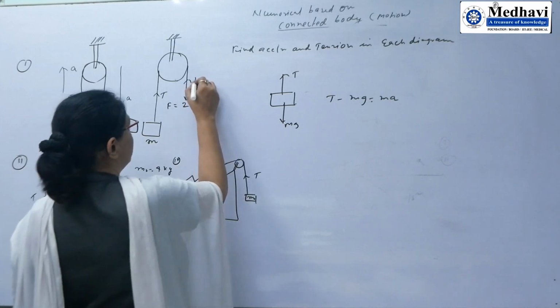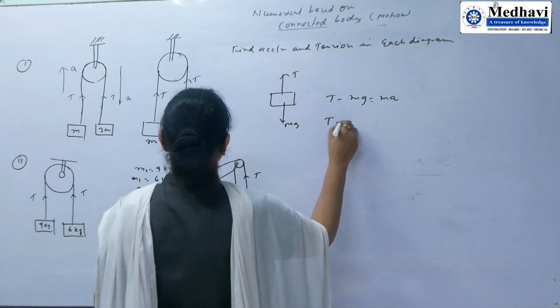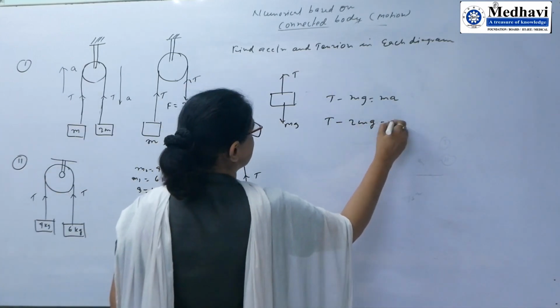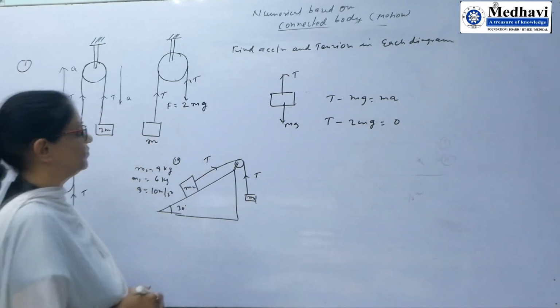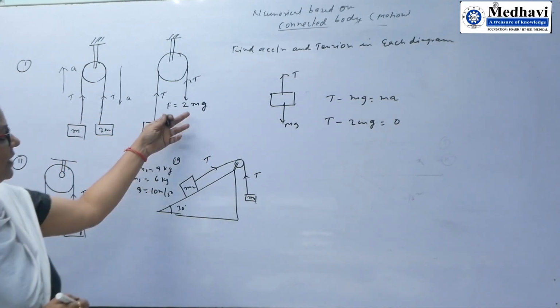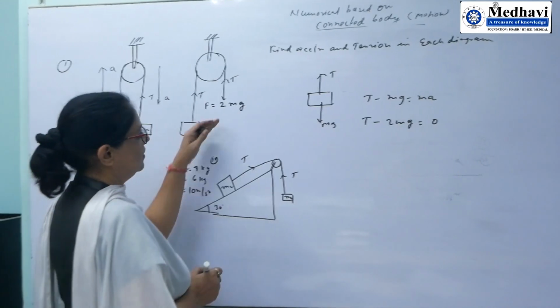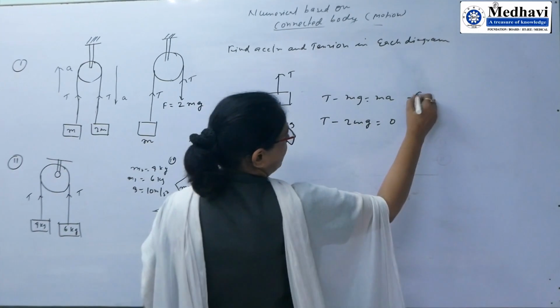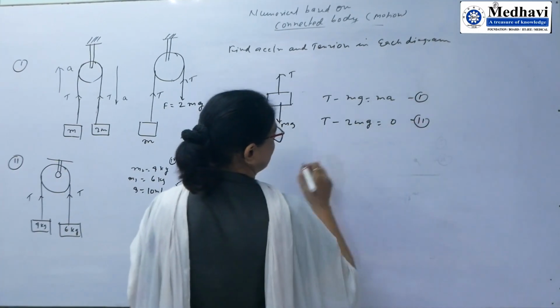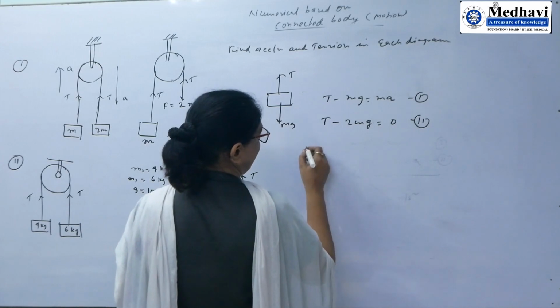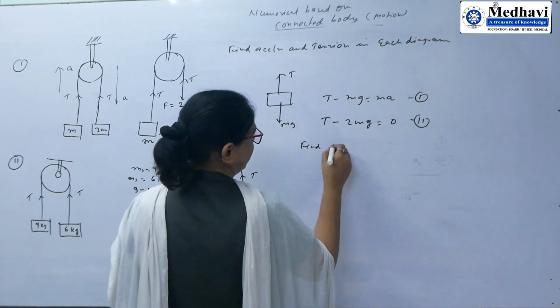For the second body, you can write T minus 2mg is equal to 0, because acceleration here is zero. Using 1 and 2, you can solve and find T and a.